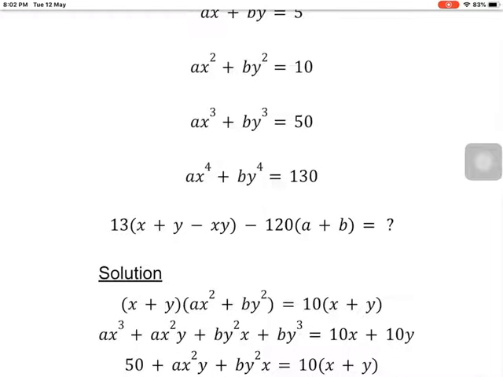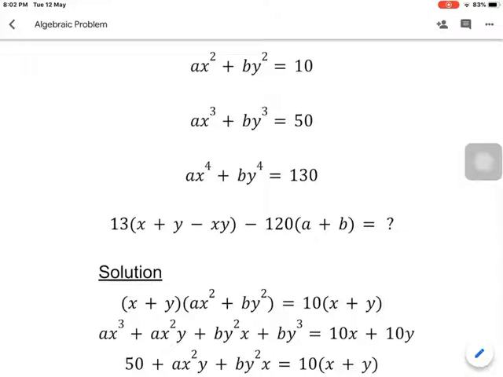We already know from the third original equation that ax cubed plus by cubed equals 50. So 50 plus ax squared y plus by squared x equals 10 times (x plus y).